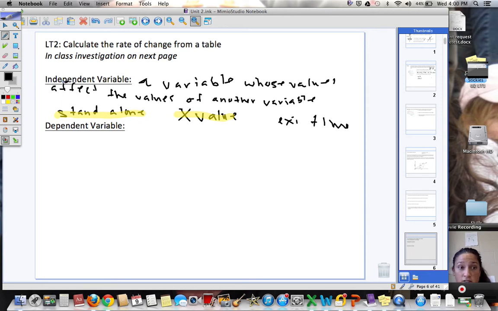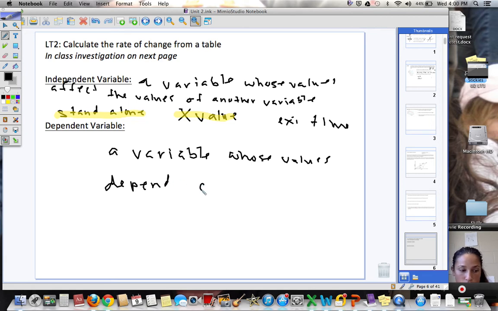A dependent variable would then be a variable whose values depend on the values of other variables.